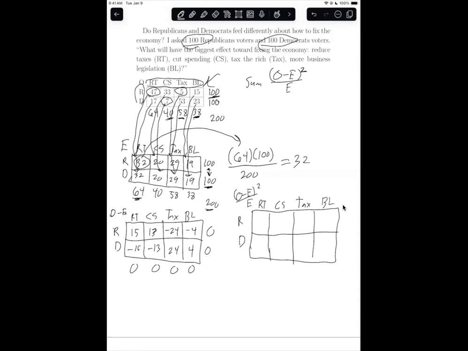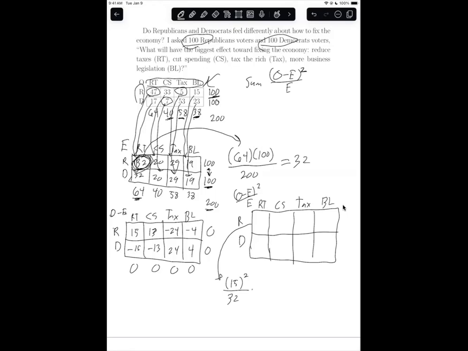And so we're still doing things matching up. And so this first cell right here, well, this O minus E is this 15, but it's squared. And then we got to divide it by the corresponding E value, which is 32 in this case.